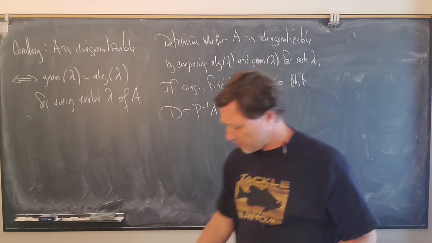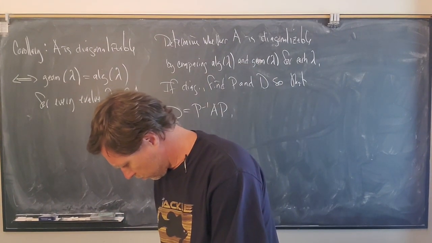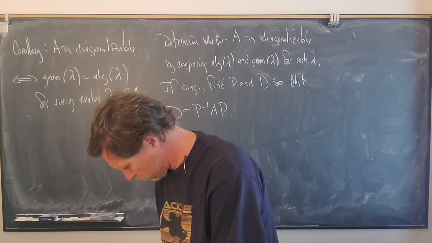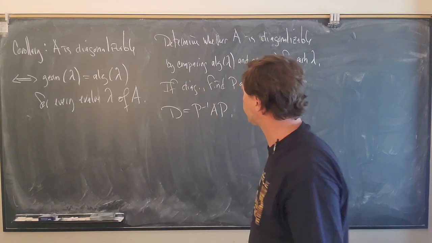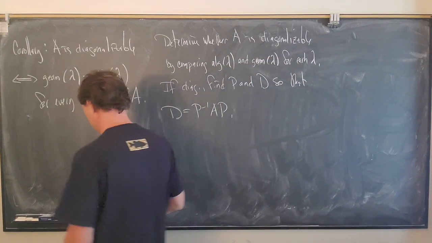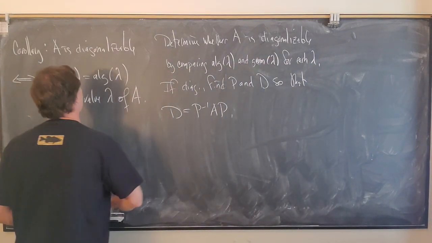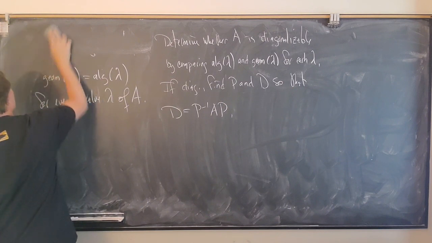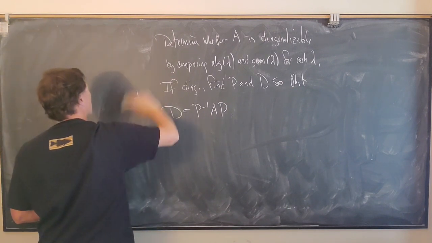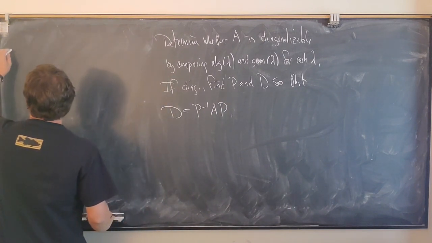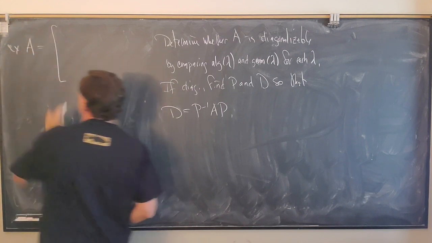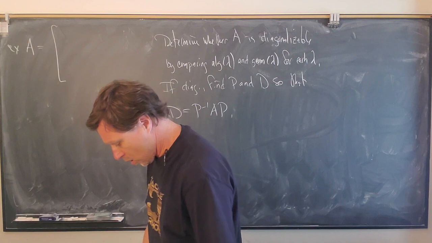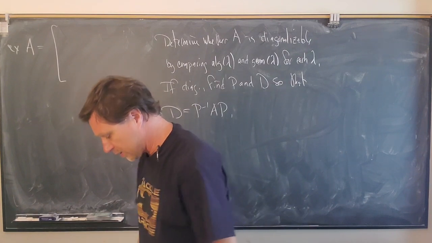All right, so I think I'm going to do two examples. And the instructions will be exactly the same for both of them. So first example, my matrix A is going to be a 4 by 4 matrix. And I'll tell you row by row, so 1, 0, 0, 4.